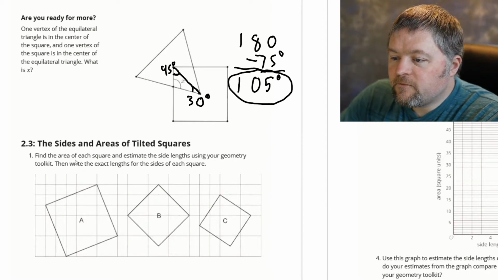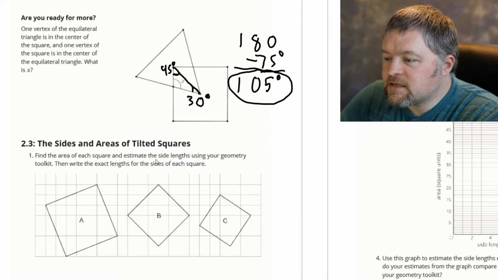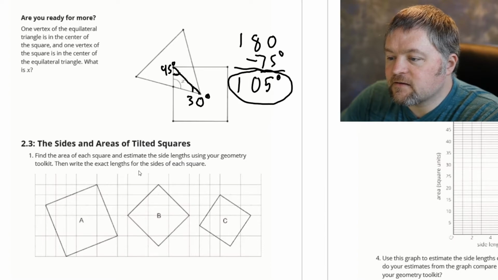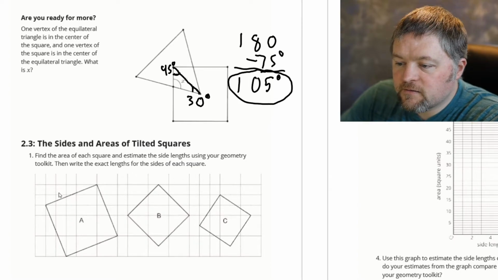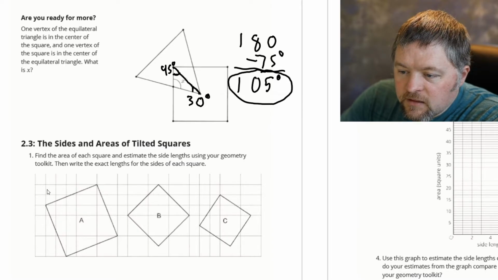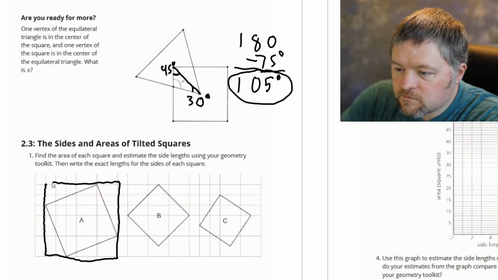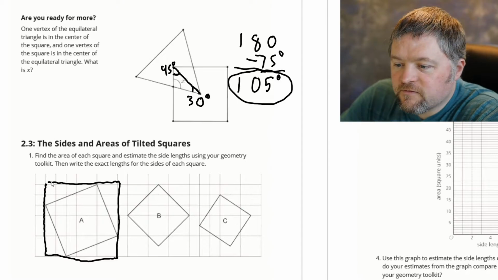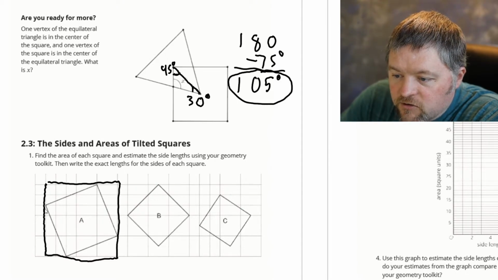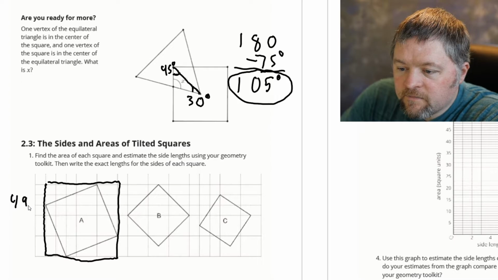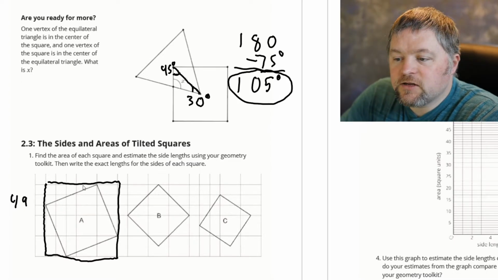Okay, find the area of each square and estimate the side lengths using your geometry toolkit. Then write the exact length for the sides of each square. So, these squares, if we enclose this one, this has a height of 1, 2, 3, 4, 5, 6, 7, which means that outer square is 49 units.